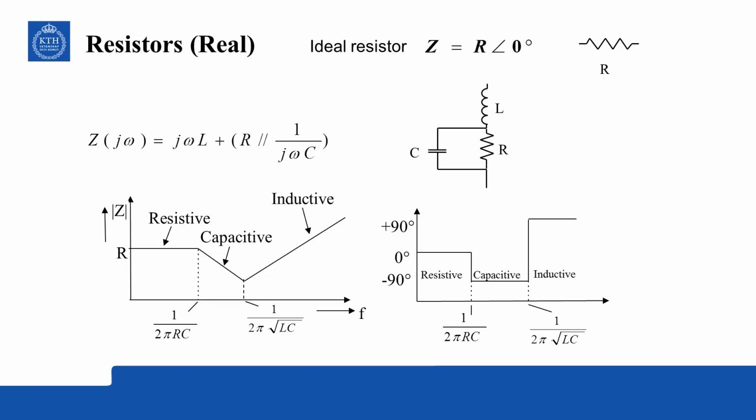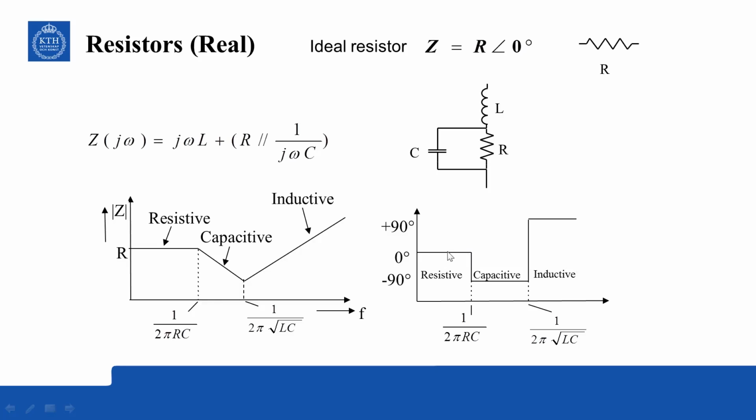So it behaves as an inductor. So all these three phases you can find over here. The resistive phase, so this is where the resistor should operate. Then after that you can have a capacitive and inductive phase also. So the resistor is not supposed to operate in this area. Only below this frequency it is supposed to operate.